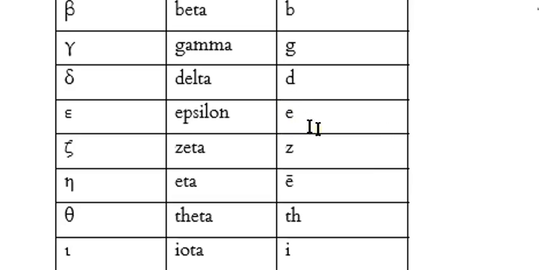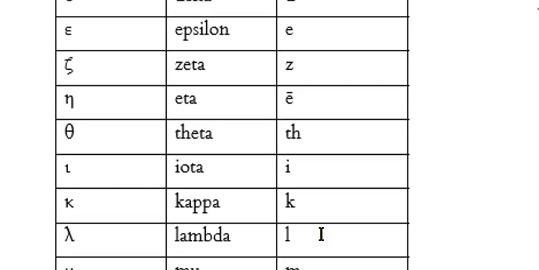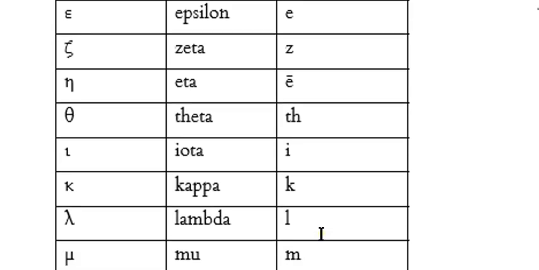Epsilon is an E, and it's important to know that this is distinguished from the eta here. Eta is also an E, but it's going to have a line, or a macron, that's what that's called, over that letter in English. Zeta, Z. Theta is a TH, so it produces the th sound, at least the way we pronounce it in our modern pronunciation.